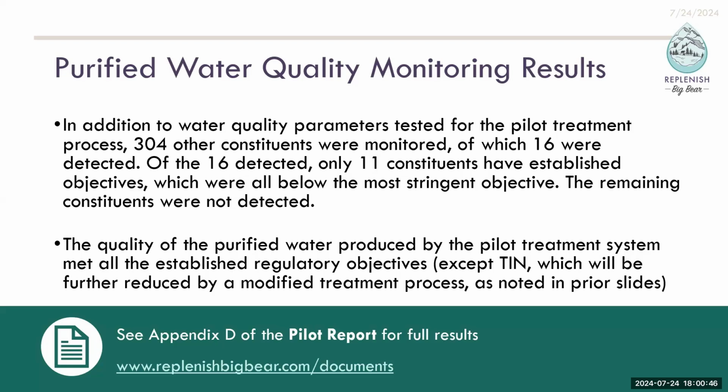For the results we got there, all of those met the stringent objectives, and of those remaining, there was no detection of the remaining constituents that were analyzed. Appendix D of the pilot report has the full results of these. These capture things like the CECs and pharmaceuticals that are obviously a concern for us. We want to make sure we're treating down to non-detect levels of fully stringent objectives.